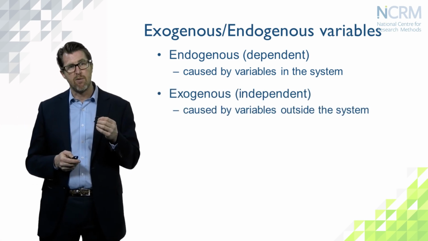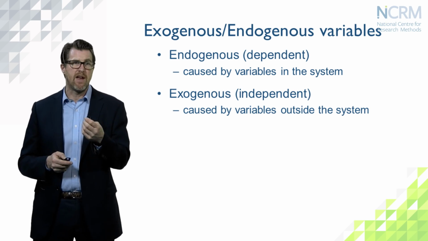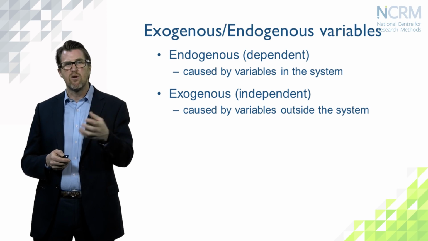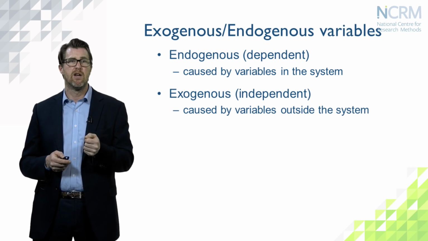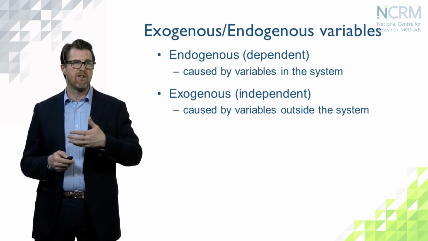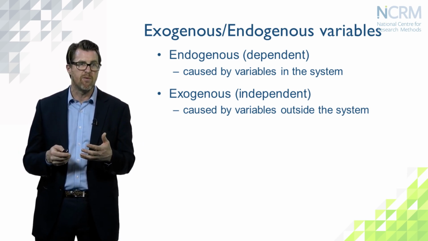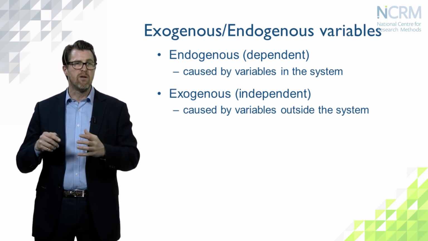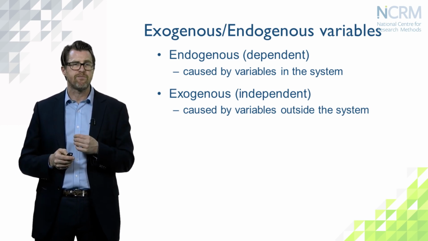An exogenous variable, on the other hand, is akin to an independent variable in that terminology. It's a variable that is not caused by anything within the system of equations that we are presenting as our SEM. That doesn't mean to say that we believe that exogenous variables are in some senses not caused by any other variables. It's simply that within our own model, the variables in the model, it doesn't have any direct cause.